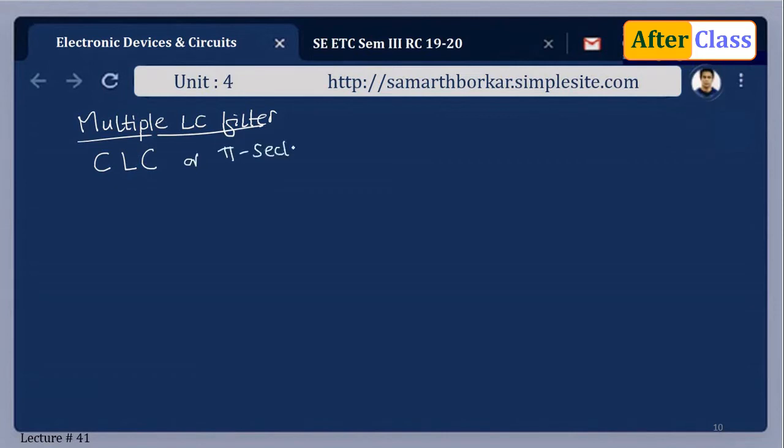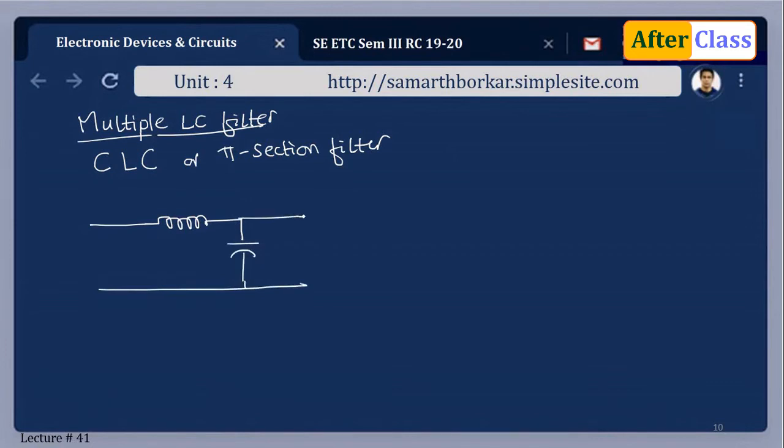or pi section filter. So let me straight away draw the circuit diagram. So here you have inductor, capacitor, and output is taken across the load resistance RL.